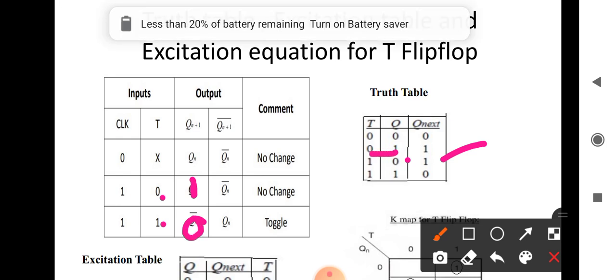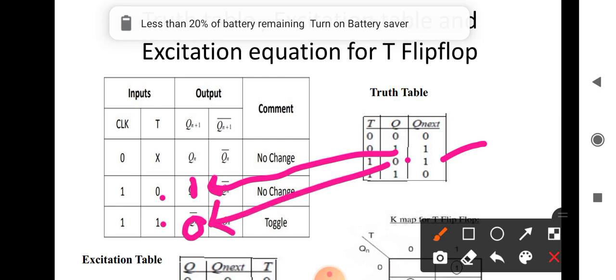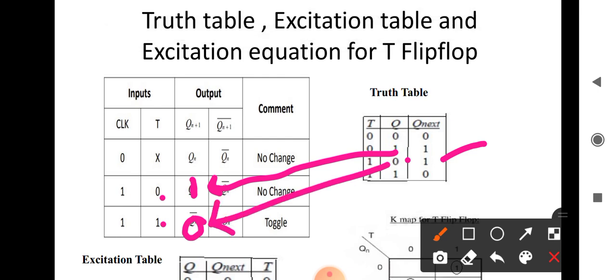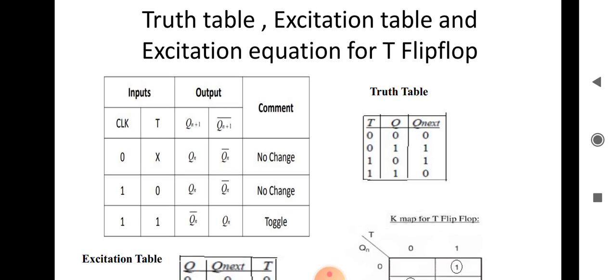So this is what we got from here. Say if T is equal to 1 here, then if T is equal to 0 here, it is 1 here, the complemented value. So like that we get.